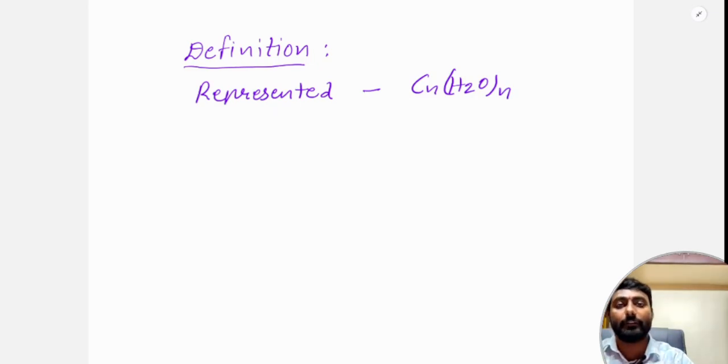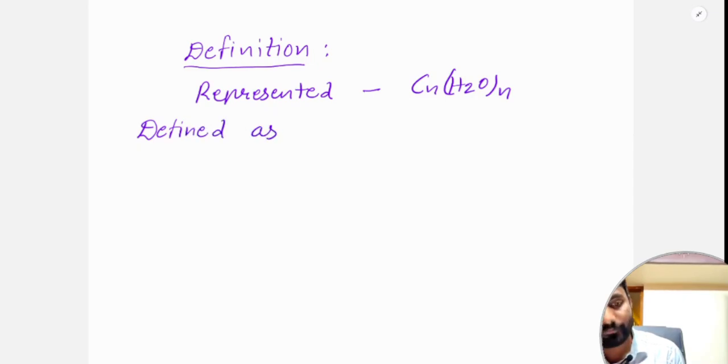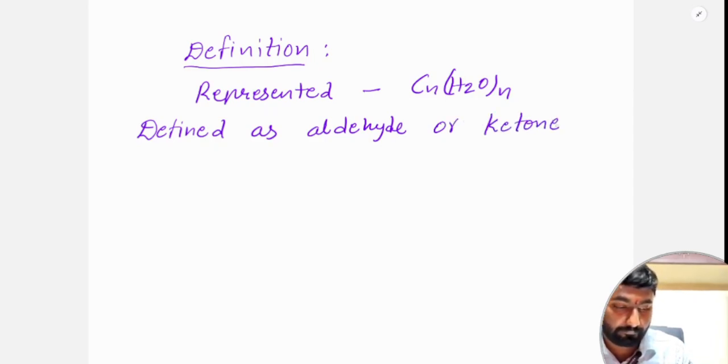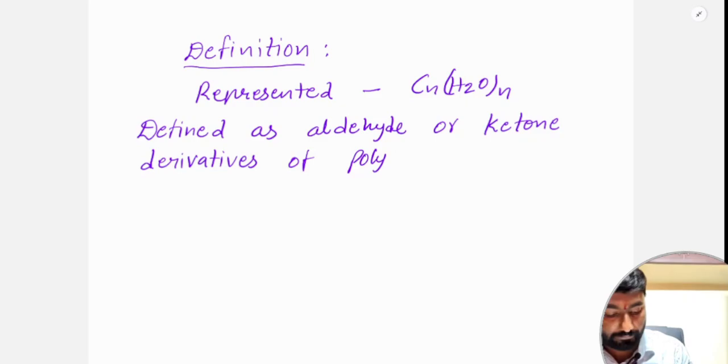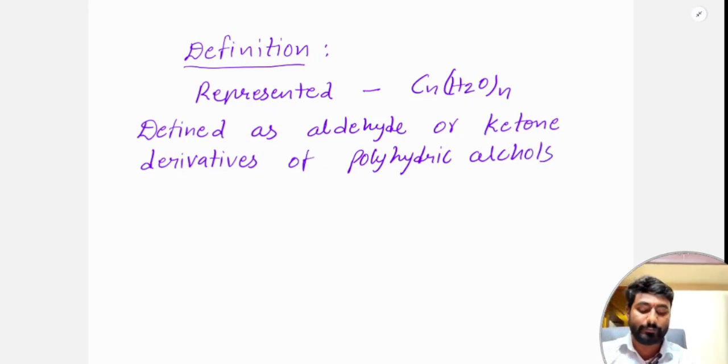If you see the proper definition, carbohydrates are defined as aldehyde or ketone derivatives of polyhydric alcohols, and they are represented as Cn(H2O)n.